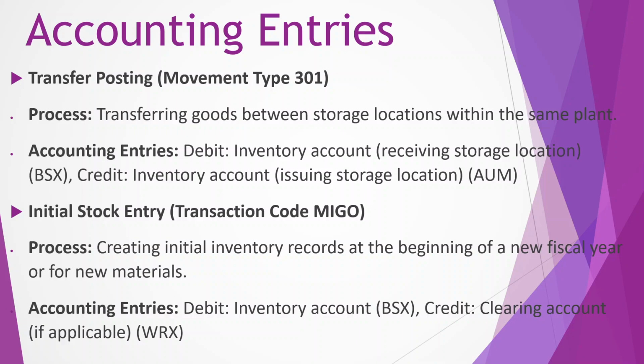So the accounting entry will be: debit the inventory account BSX and credit the clearing account, if applicable, with WRX, and that is how your initial stock entry will come into the picture with regard to new materials, or maybe you are creating something in the new fiscal year. But I will say this is not related to the initial stock upload; that is a separate one. Okay, let's move next.